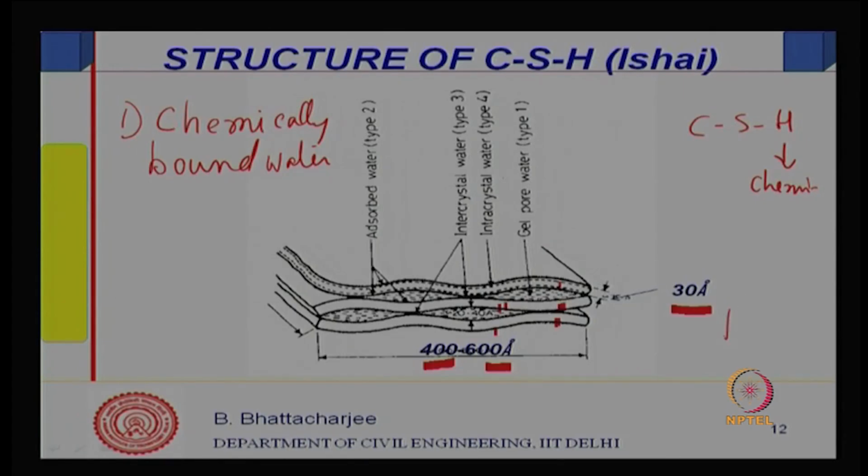Water, H2O, being a polar liquid, has a dipole: the centers of positive charge and negative charge may not be at the same point, they may not coincide. Therefore it is polar, so it can get adsorbed at the surface. So you have adsorbed water at the surface. Between two layers, he actually called it intercrystal water. So, other than chemically combined water, you can have an adsorbed layer of adsorbed water.